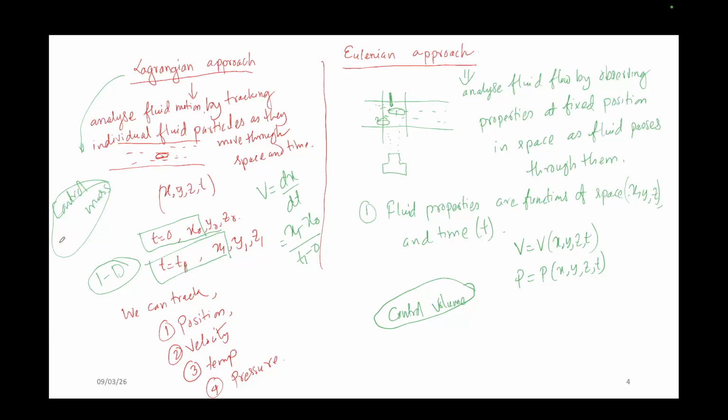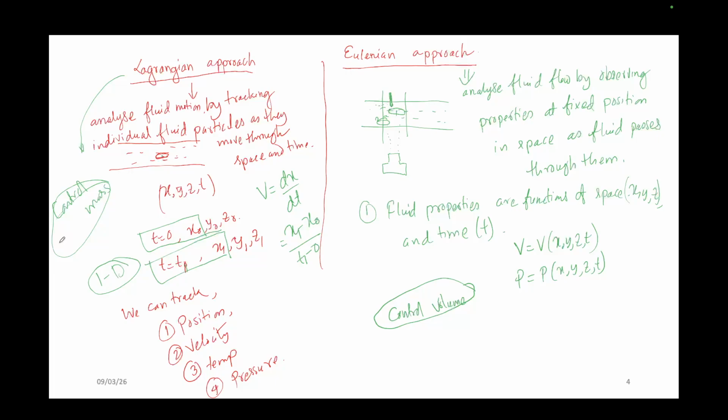So the basic difference, I am again repeating this, between these two approaches is that the Lagrangian approach only deals with the individual fluid particle. That means it will target a specific particle. Whereas the Eulerian approach fixes the position, right?